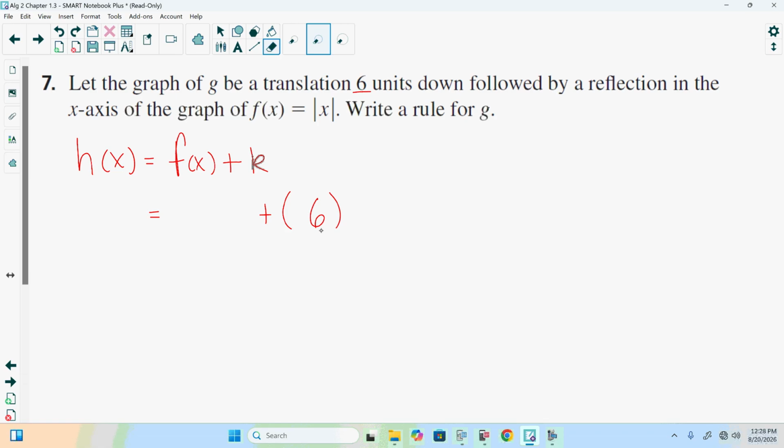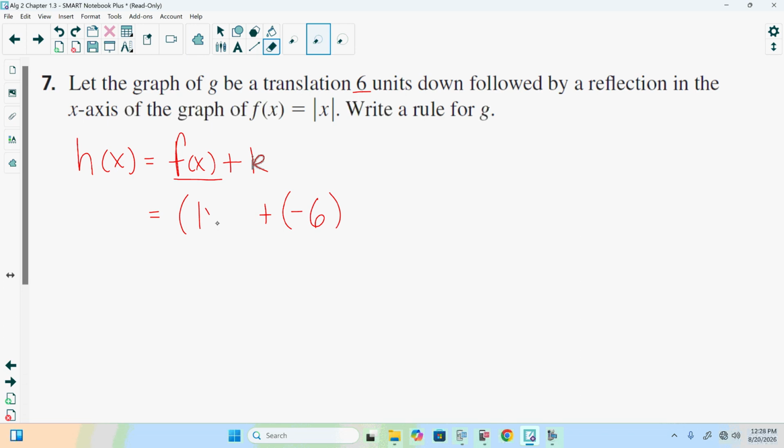Which direction are we moving, up or down? Down, so it would be negative. Up is positive, down is negative. When we plug in h, right is positive, left is negative when we plug it in.